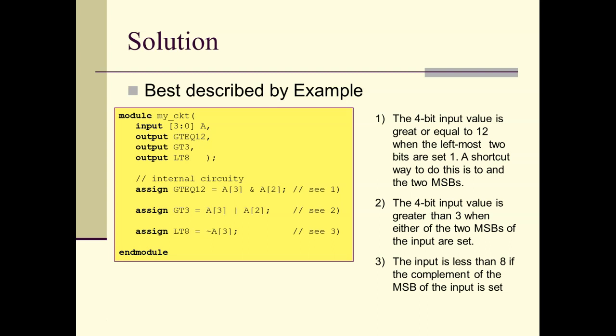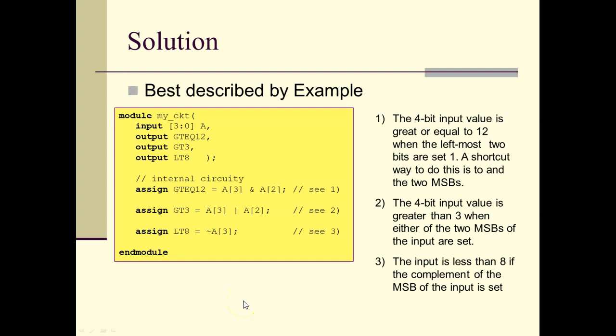If I AND those together and those two bits are 1, then GTEQ12 is going to be a 1. If A3 and A2 are both 1, it doesn't matter what the other two bits are; that value is greater than or equal to 12. So the A square bracket 3, A square bracket 2 notation gives me a way to get at the internal signals of that A vector.